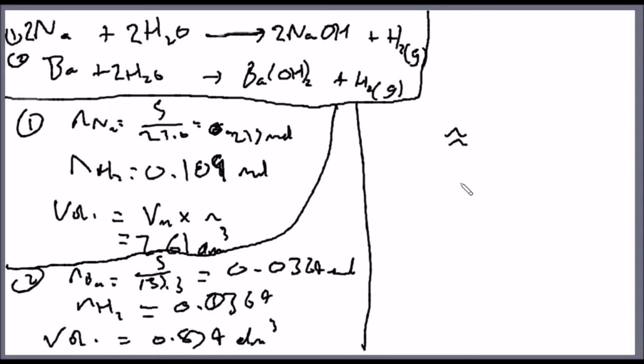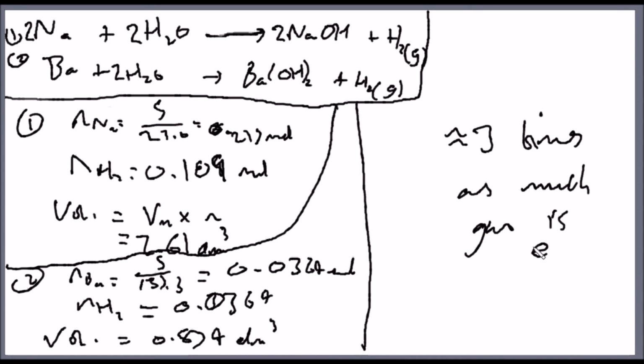I just wanted to check that out. So yeah, around 3 times as much gas is released, and 2.61 decimeters cubed is 2.6 litres as well, so that's quite a hefty amount of gas being released.